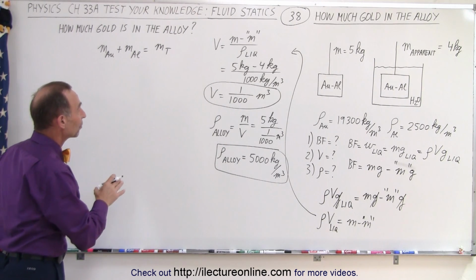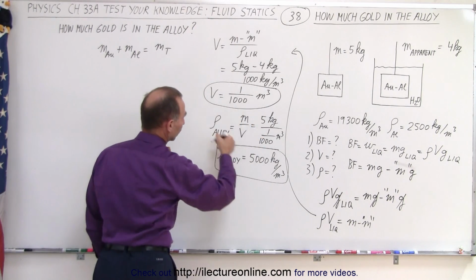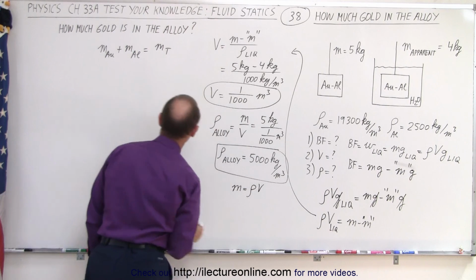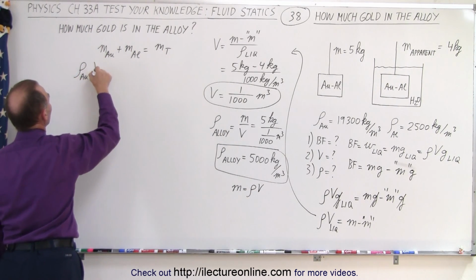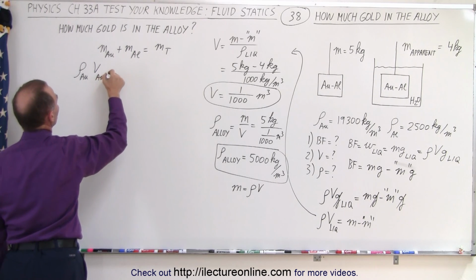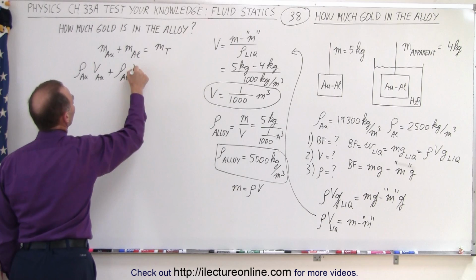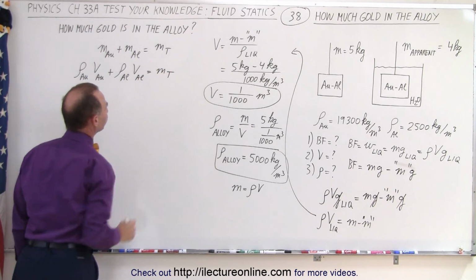How do we know the mass of the gold and the mass of the aluminum? Well, again, using this equation, I can say that the mass equals the density times the volume. So in this case, the density of the gold, which we know, times the volume of the gold, that's unknown, plus the density of the aluminum times the volume of the aluminum equals the total mass.